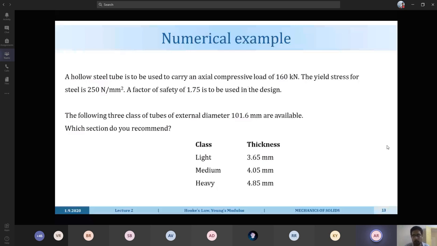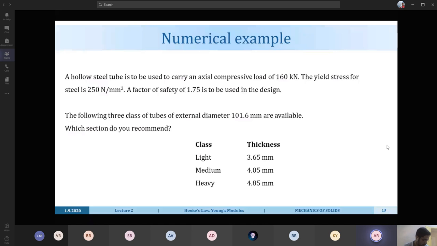For a circle, cross-sectional area is pi r square. So if you are using diameter, it should be pi d square by 4. Sorry, sir, not diameter, radius. Okay.